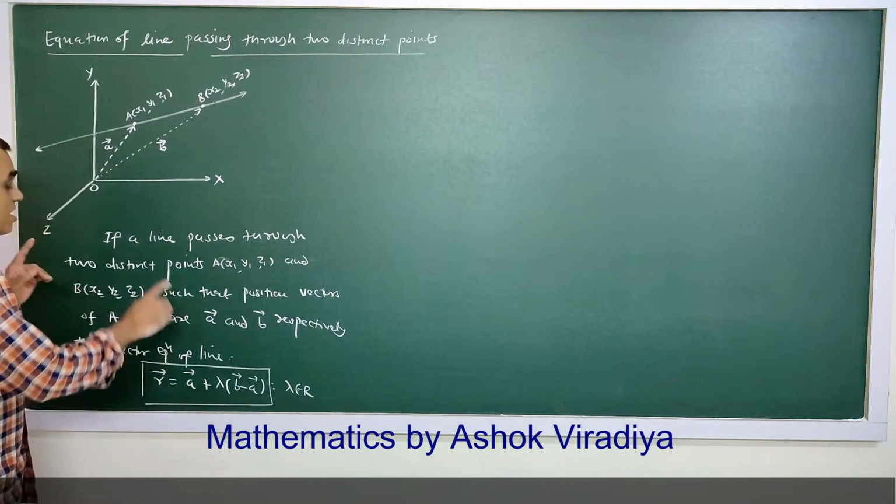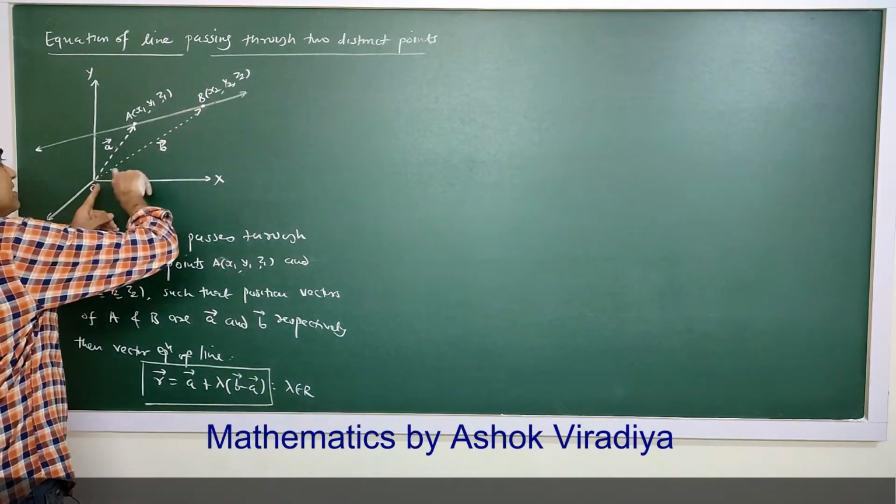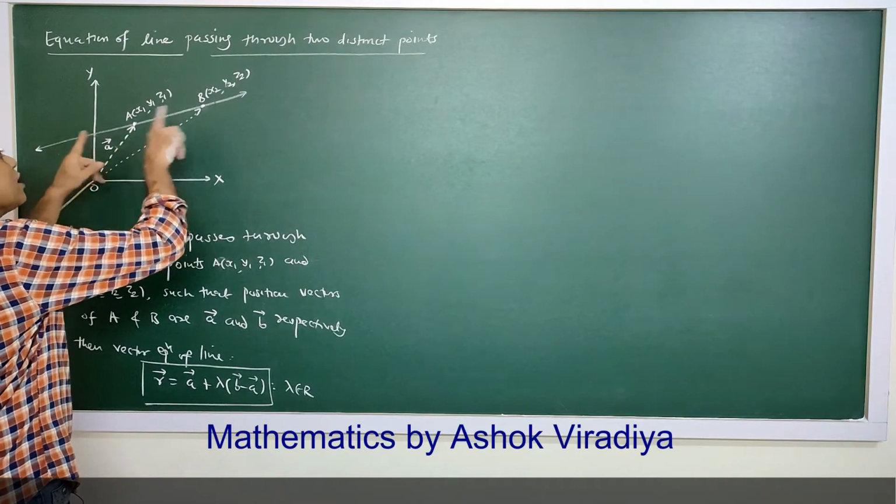But here, vector b is the position vector of this point. It is not parallel to this line.